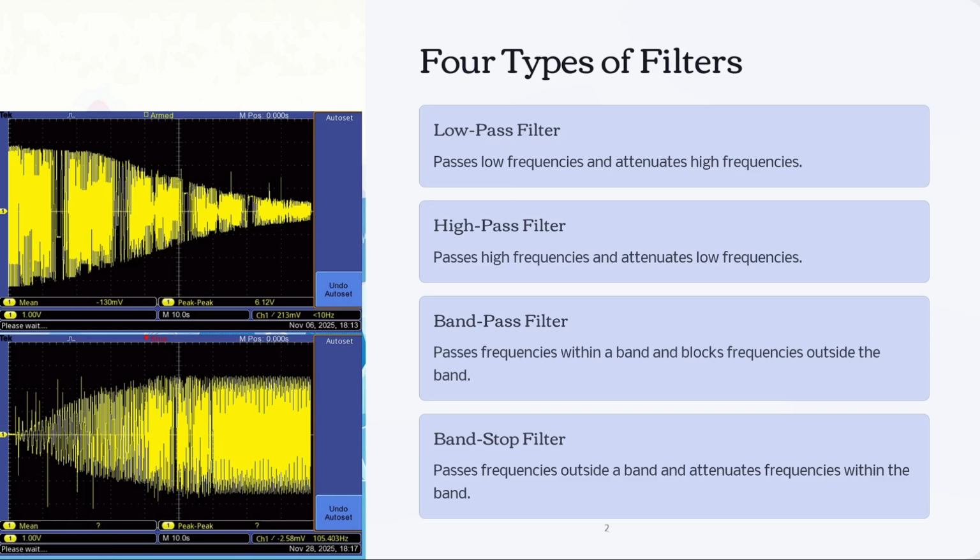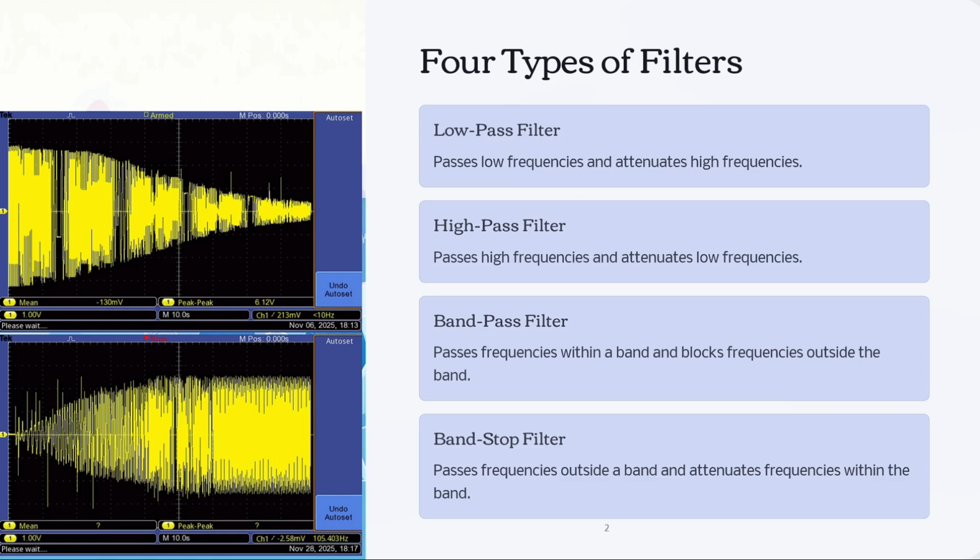A band pass filter is actually a combination of a low pass and a high pass filter. The sequence is, first we have the high pass filter, which starts from a particular frequency and allows the remaining frequencies, and then it continues with the low pass filter, which passes frequencies up to a limit and then attenuates the remaining frequencies.